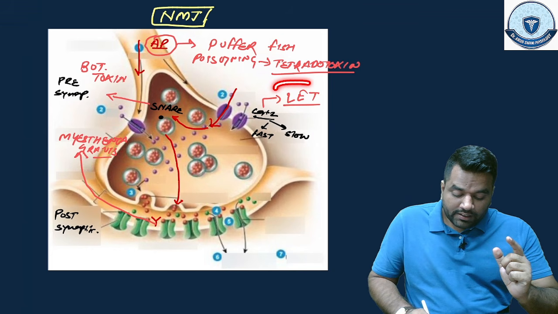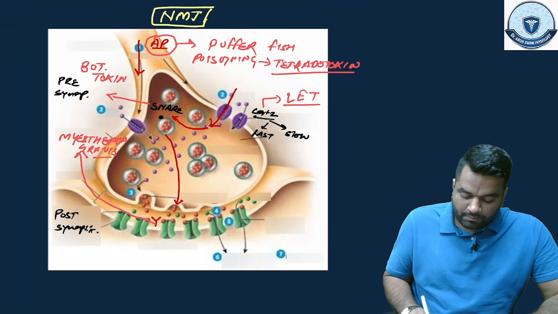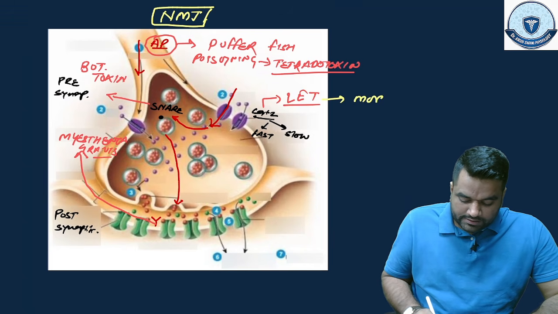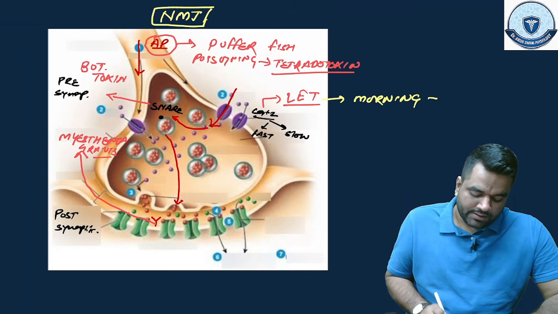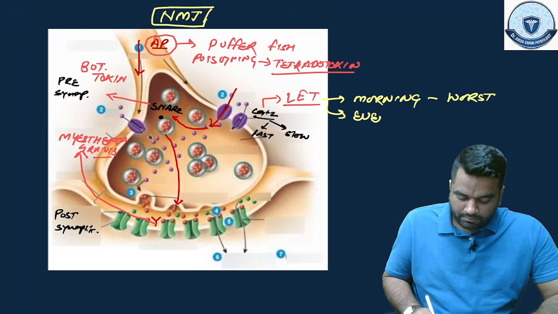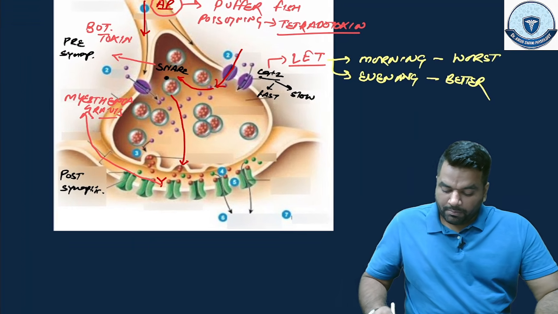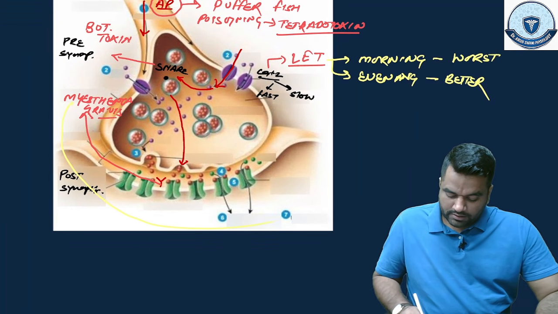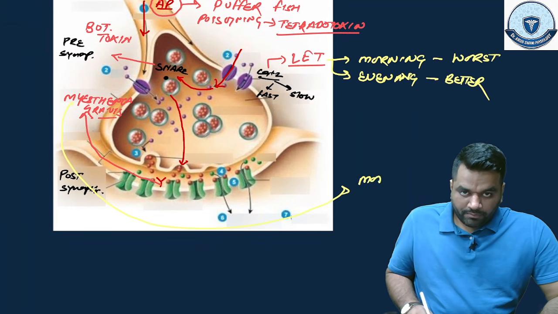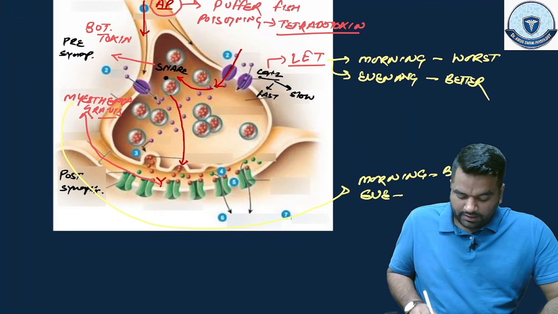In Lambert-Eaton, when the person comes to you, this person will tell you, doctor, my morning is worst, but evening gets better in comparison to the morning part. But in myasthenia gravis, morning is better and evening is worse.